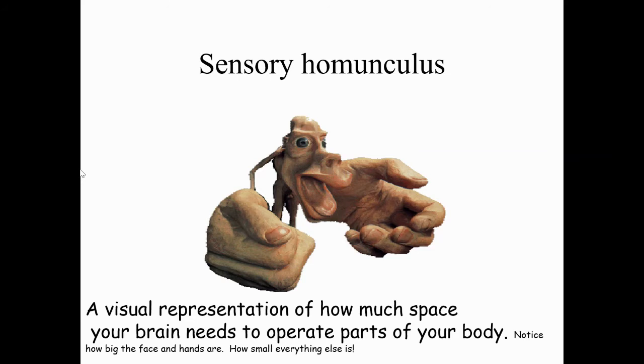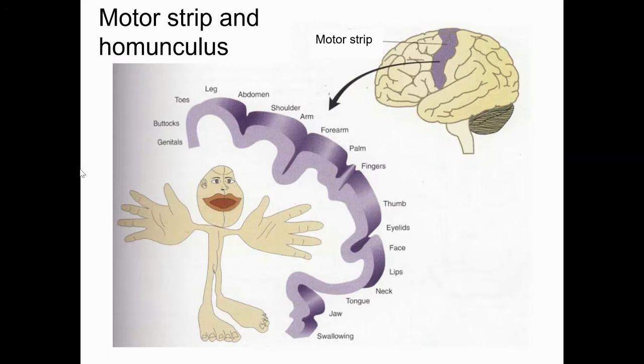So if you're looking here, you can see that our brain dedicates a lot of space to our hands and to our lips and our mouths, but not so much to our elbows or our genitals. Our genitals are pretty dumb. Our elbows are pretty dumb. So the bigger it is on this picture, the more space your brain dedicates to that part of the body. Same thing here, just not as cool.